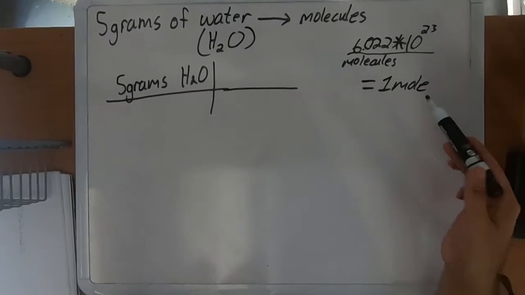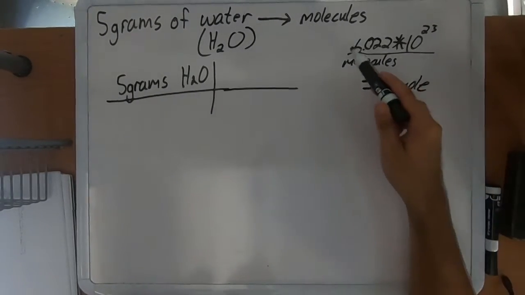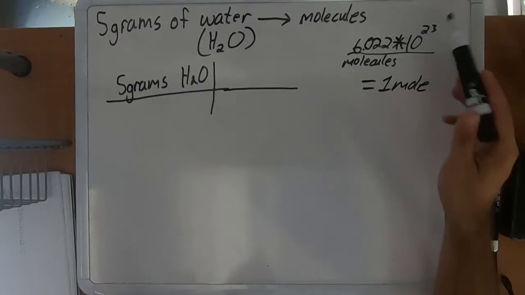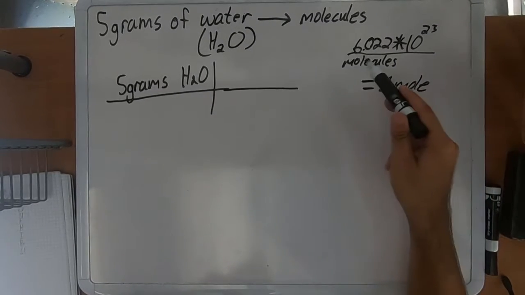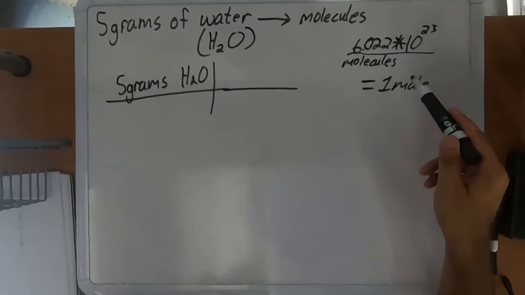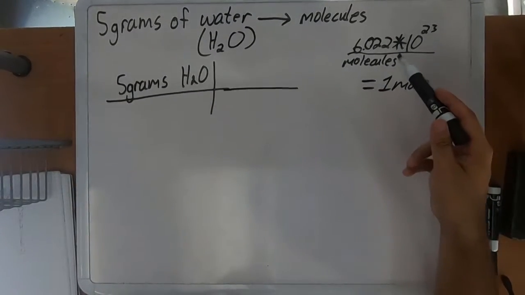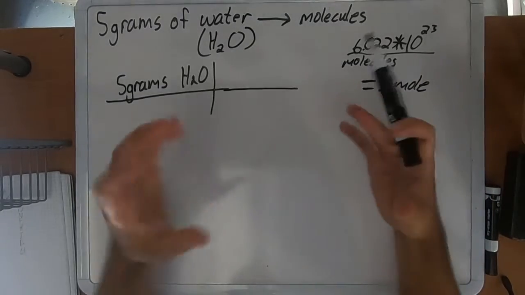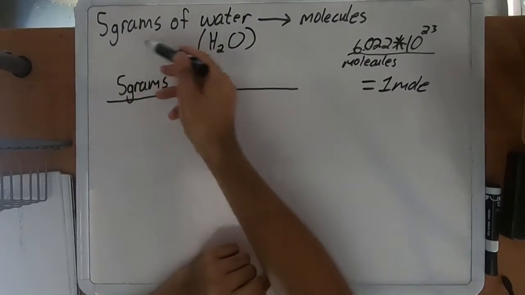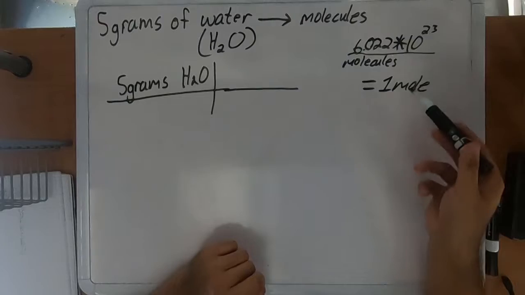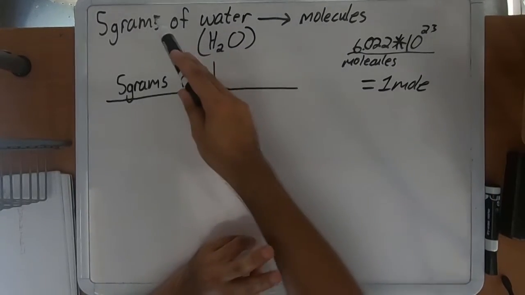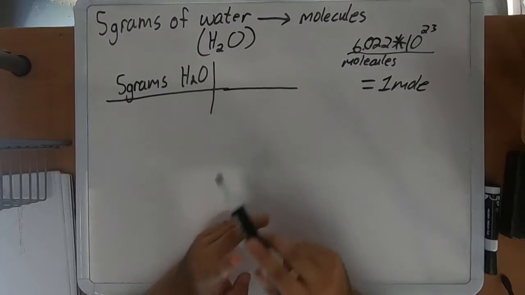Like a dozen is 12, a couple is 2. A mole is that quantity. In chemistry, we apply this to molecules. A mole of something contains that many molecules. So if we want to find out how many actual water molecules are inside 5 grams, we could use this conversion. So first off, we gotta convert this to moles.